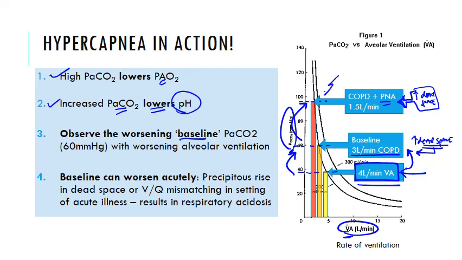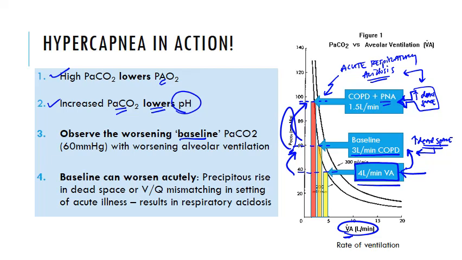This is a big deal. This is a huge and acute event. Instead of a chronic increase from a healthy state to a COPD state, we acutely have, over the course of days, an acute event which would result in acute respiratory acidosis because of an increased amount of dead space acutely.